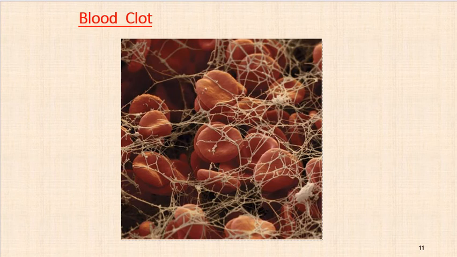This is how a clot is formed. So, what is a clot? A clot is just a meshwork of fibrin threads in the interstices of which the red cells are entangled, and this forms a firm plug which stops bleeding from the severed vessel.